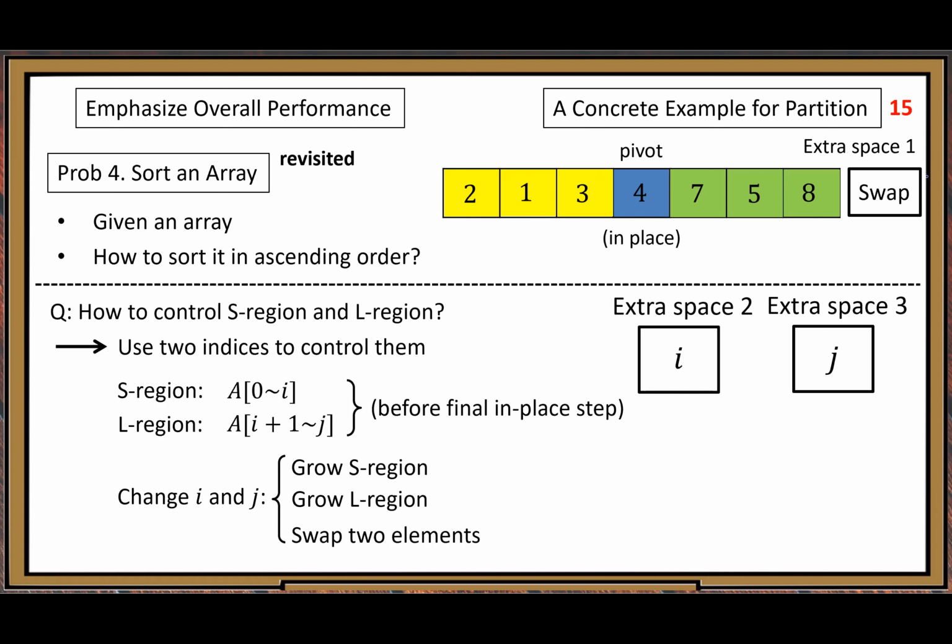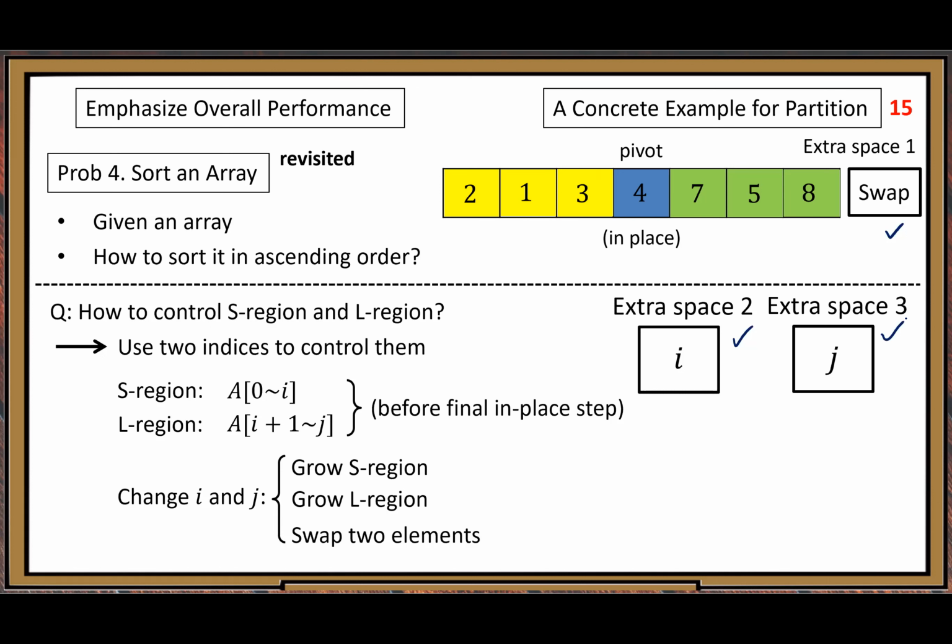And before I move to the next topic, let me look at another question related to the extra space we used here. Here we use 3 extra space locations: 1, 2, 3.